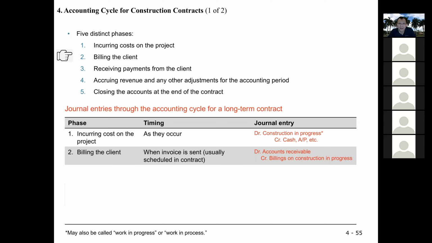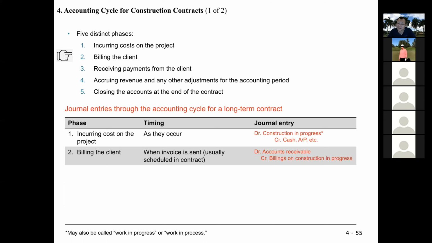Suppose the fixed price for this contract is 10 million. What do you think the balance of this account would be at the end of the project? Zero? Okay, I got your point, I know why you say zero. But before you close this account, what should the total balance be?